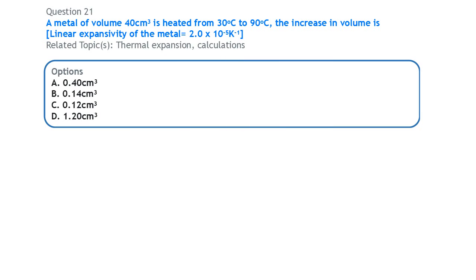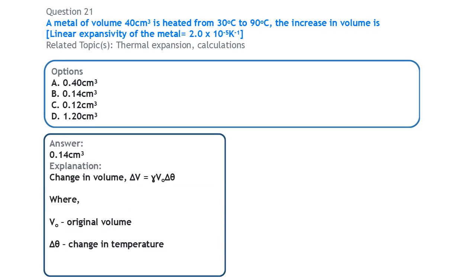Next on thermal expansion: a metal of volume 40 cm cube is heated from 30 degrees Celsius to 90 degrees Celsius. The increase in volume is to be found, given the linear expansivity of the metal as 2.0 times 10 to the power minus 5 per Kelvin. The change in volume of that material is given as gamma, which denotes the volume expansivity, times the original volume times the change in temperature.